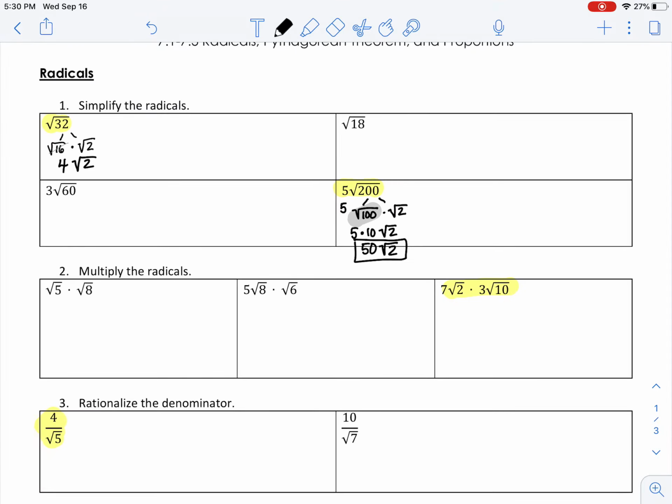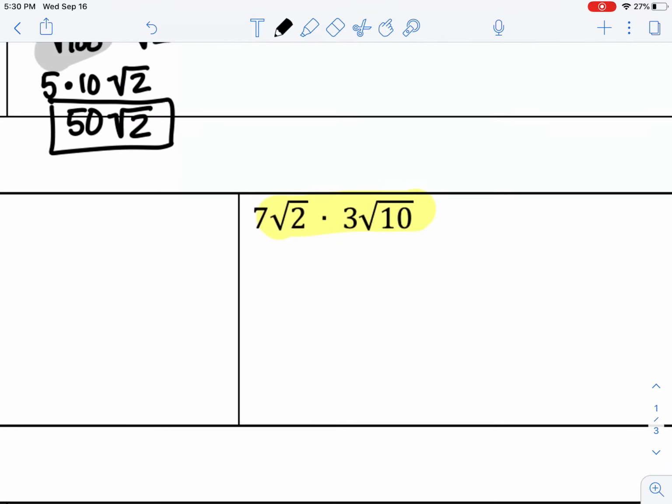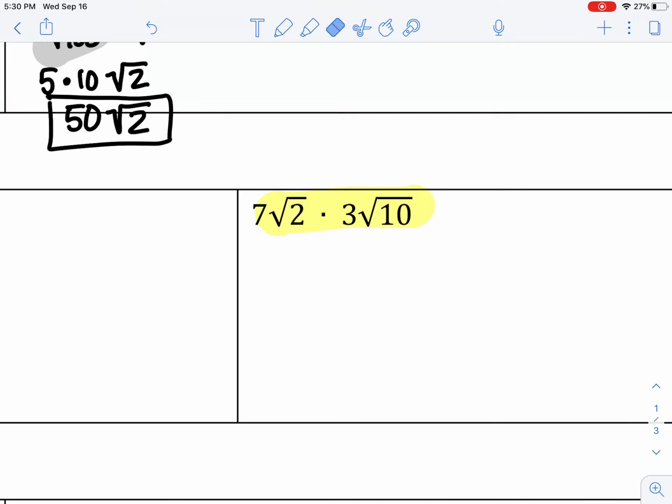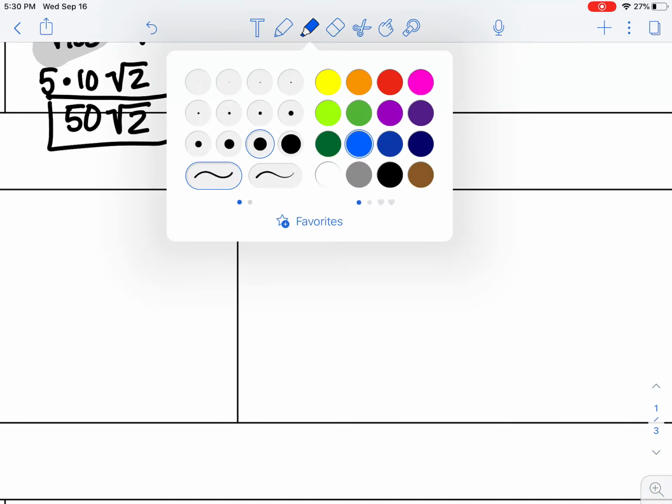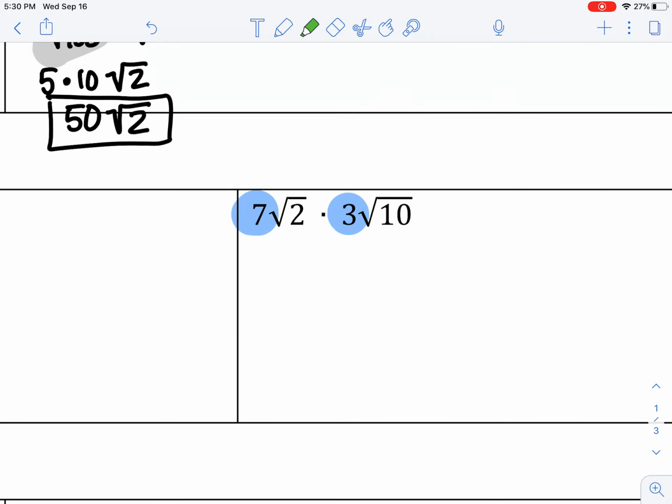Okay? In the next section, it's multiplying the radicals. So we can multiply radicals where we take what's under the radical, the radicand, and we multiply those together under one radical. I'm going to do the third problem because it has a little more going on. So in this problem, you've got some numbers out front, 7 and 3, and then you've got your irrational numbers with 2 under the first radical, 10 under the second.